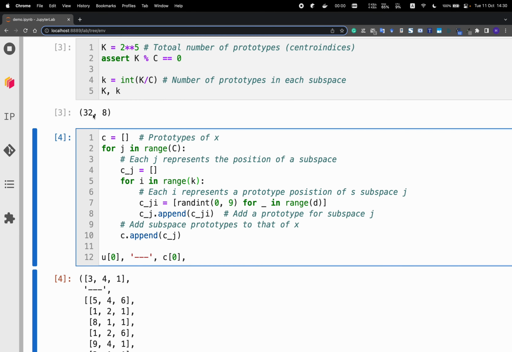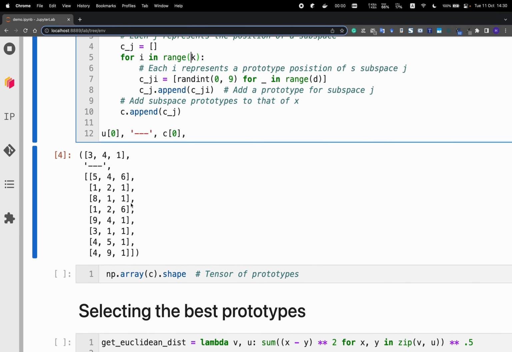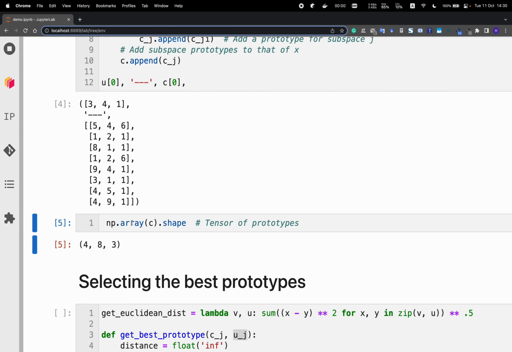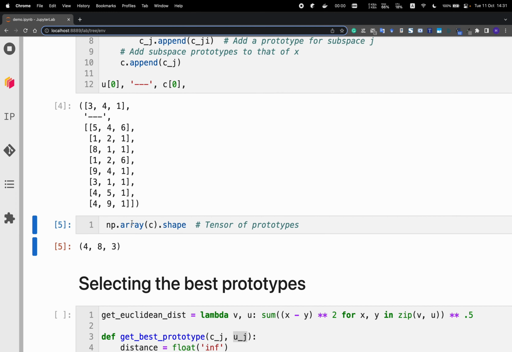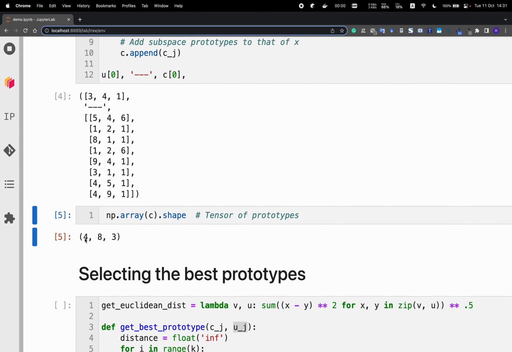So in this case, we have a total of 32 for 4 subspaces, each with 8 prototypes. Essentially, C is a tensor of prototypes. We have 4 subspaces, for each subspace we have 8 prototypes, and each prototype has a dimension of 3.